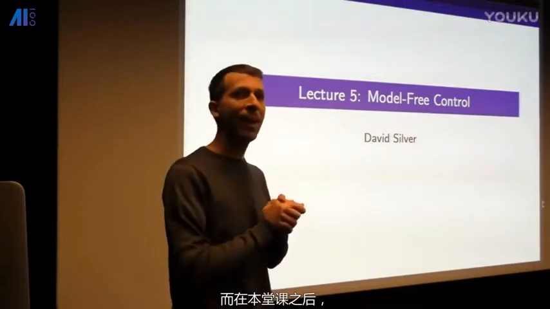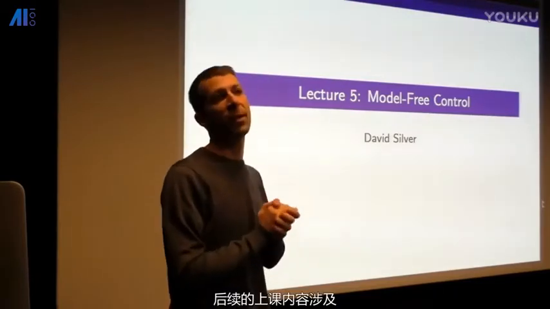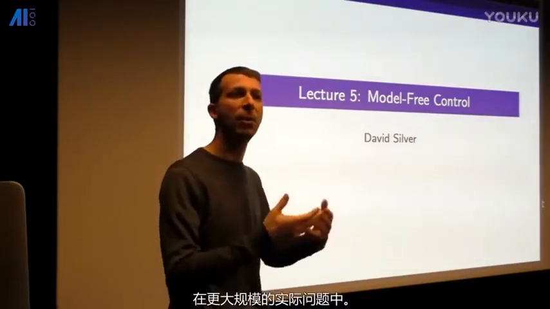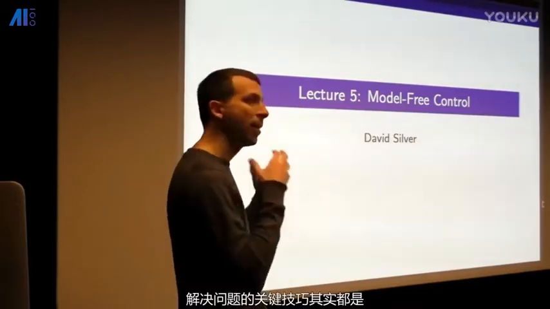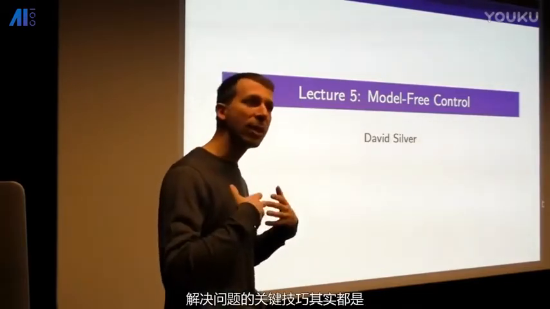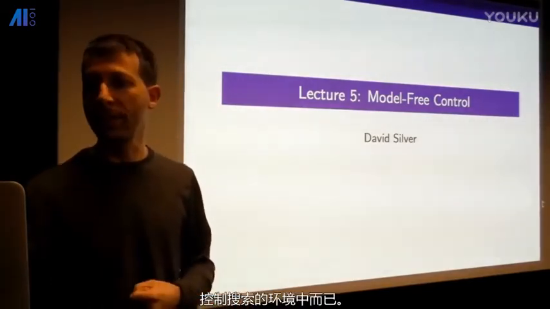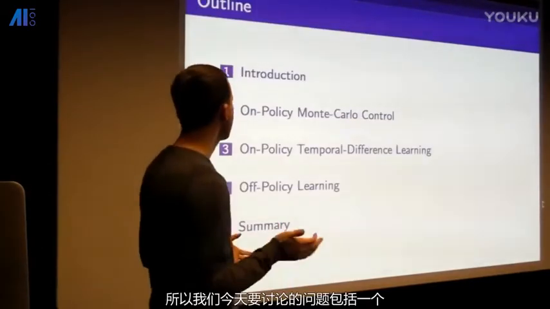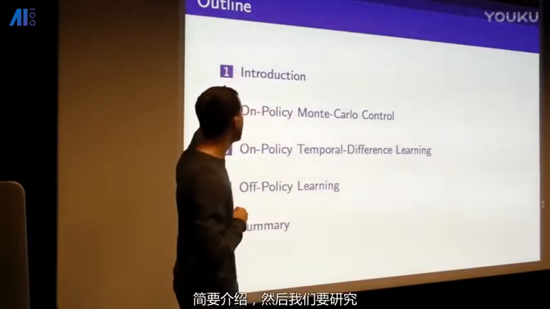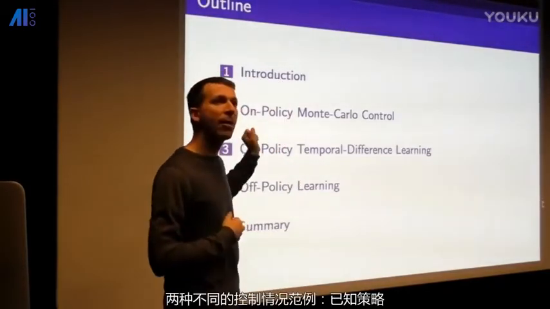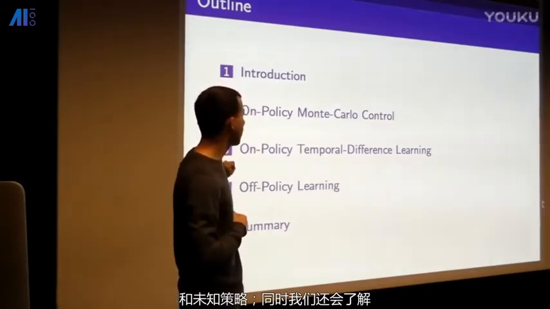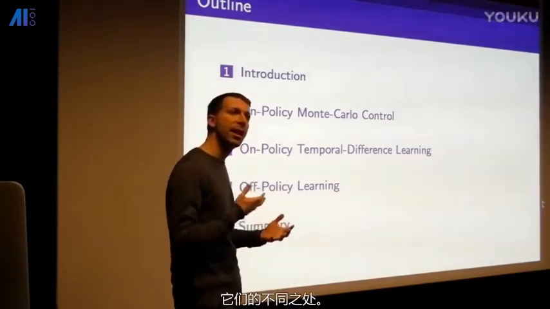Model-free control. After we've seen this class, in the subsequent lectures we'll look at how to scale up, how to get to more realistic large-scale domains. But the core techniques are essentially building on what we saw in the last lecture and bringing those into a control setting now. So roughly the proceedings for today: we'll have a brief introduction, and then we're going to look at two different paradigms for doing control, on-policy and off-policy, which we'll understand the distinction between.